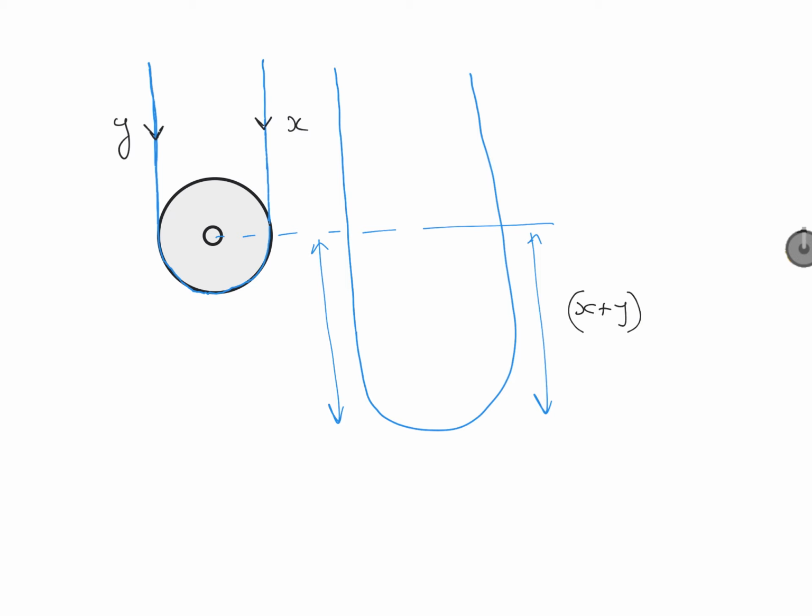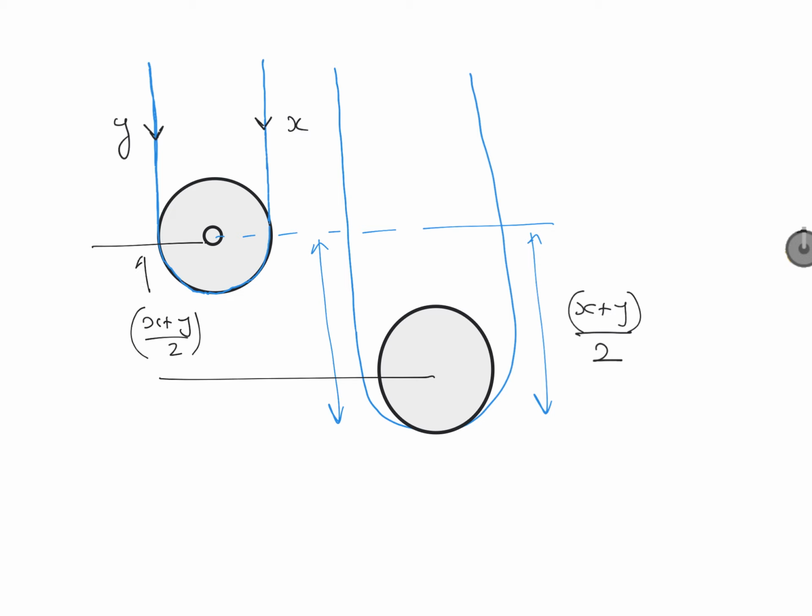So half of this portion is on the left side and half of this portion on the right side. So the displacement of the pulley is going to be (x plus y) divided by 2. So this pulley is going to displace in downward direction by a distance equal to nothing but (x plus y) divided by 2. So that is the constraint relation for a movable pulley.